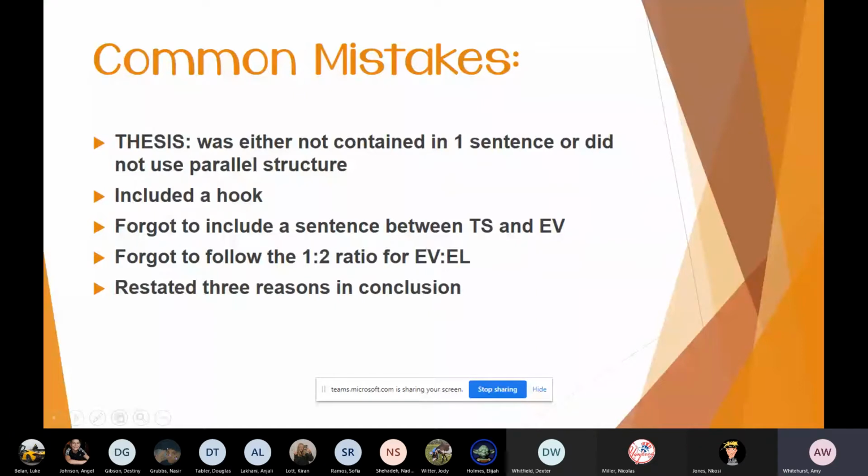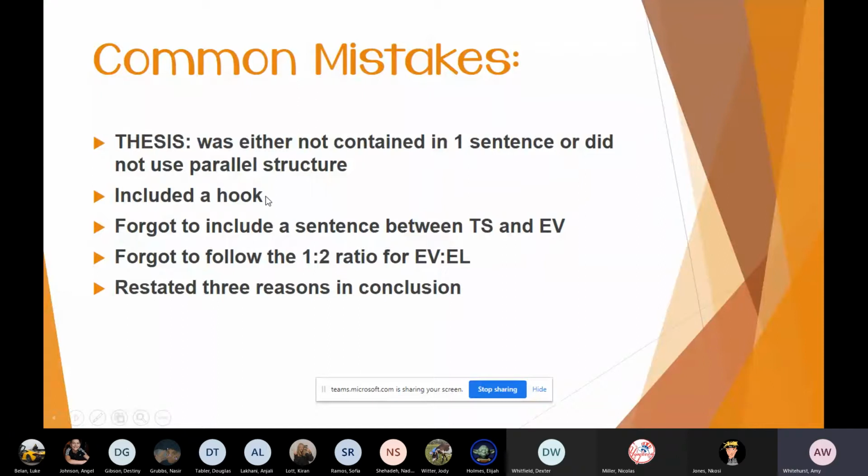If you don't know how to do that, you can take notes on a piece of notebook paper, or you can split your screen and type this information as well. But again, just a few bullet points while we're going over this, I think will help you when you go to revise your essay later on. So again, if you don't know what parallel structure is with your thesis, that's okay. We're going to review that together in just a minute.